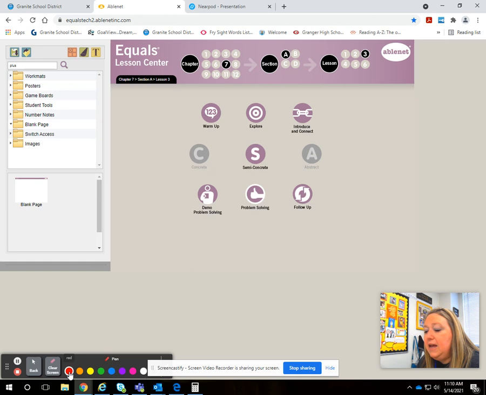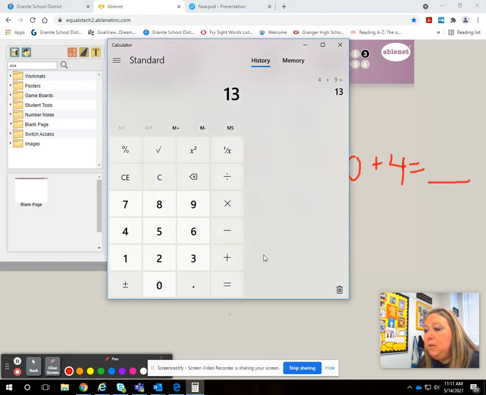Let's try another one. This time, what if I have 10 plus 4 equals blank. Okay, let's pull up our calculator again. Now this time, oh, my number is at 13, so I have to remember to hit the CE or the C button. That's for clear. Okay, so I cleared the buttons. Now we have 0.